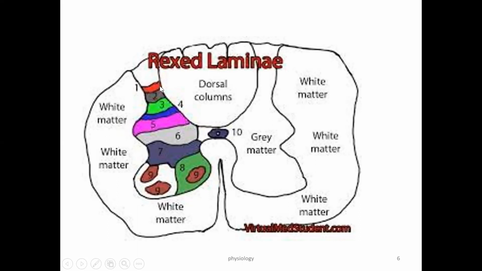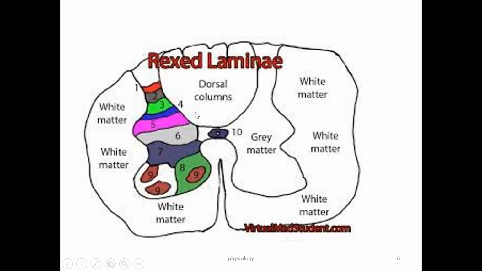Now, before starting the anterolateral spinothalamic tract, you should know the different laminae present in the gray matter. We have already learned this in the introduction to the nervous system. Let's revise: this is the posterior half, this is the anterior half. Lamina 1, 2, 3, 4, 5 are mainly important for the spinothalamic tract, so just remember these laminae on both sides.